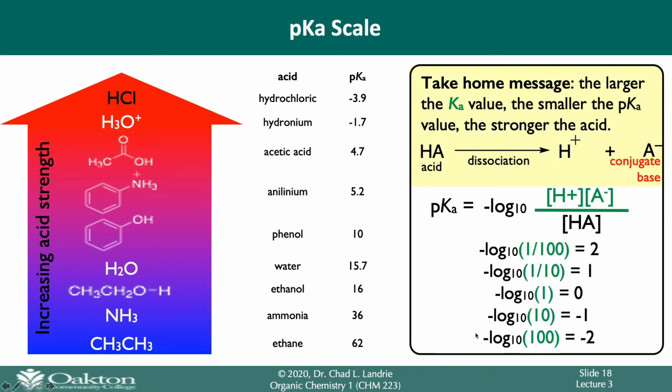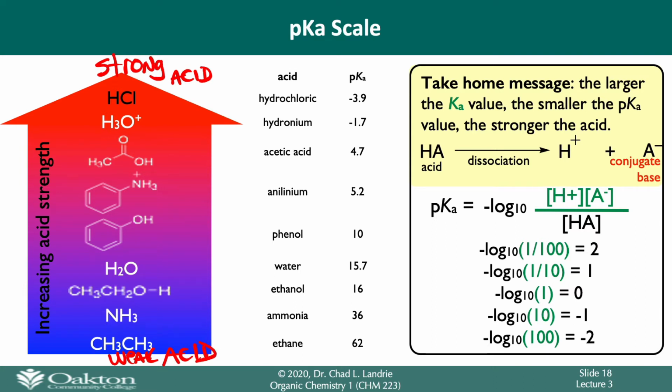So this slide gives you an idea of the range of pKa values that you might have for inorganic acids as well as some organic acids. On the left here, we see that acidity is increasing as we move up this list. So strong acid here at the top and weak acid here at the bottom.